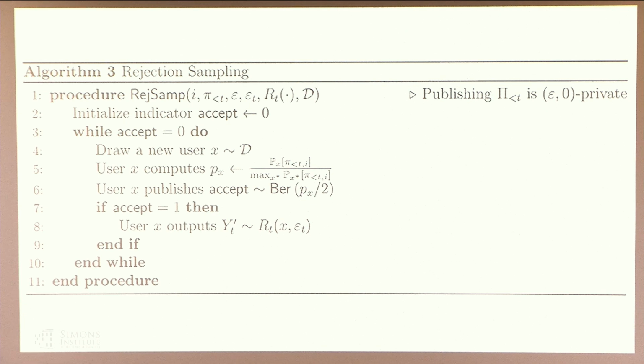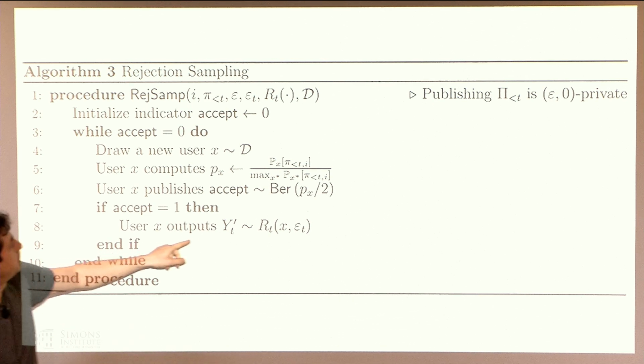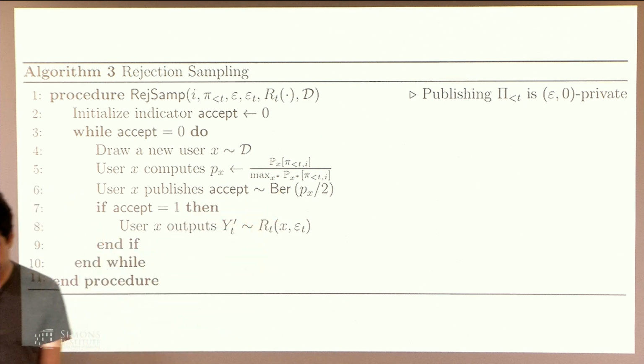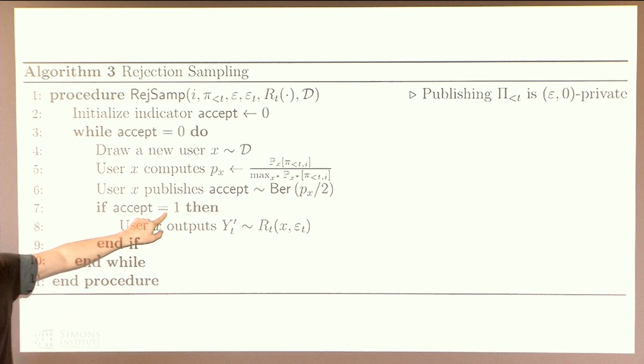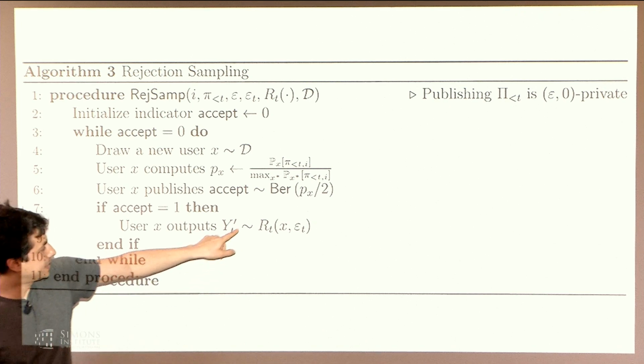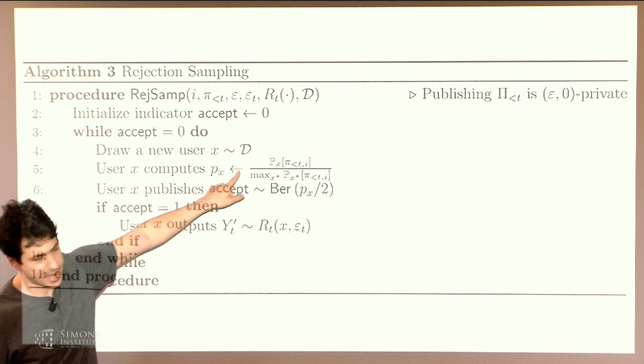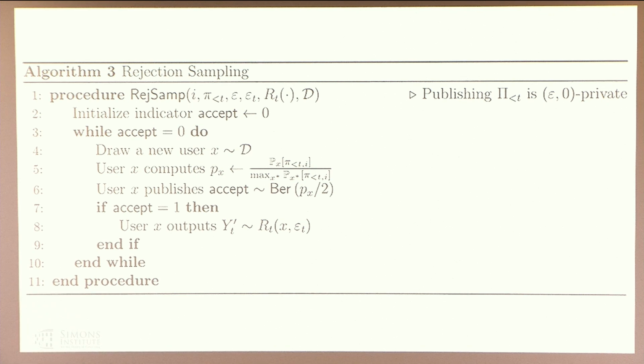Until someone passes the test, we keep sampling a new person from the distribution, ask them to compute this probability, which they can do from their own data, and ask them to sample from a Bernoulli distribution with this probability, which is epsilon differentially private. If they pass, then we ask them to employ the local randomizer we wanted to run. Otherwise, we sample a new person. But it'll pass with constant probability.